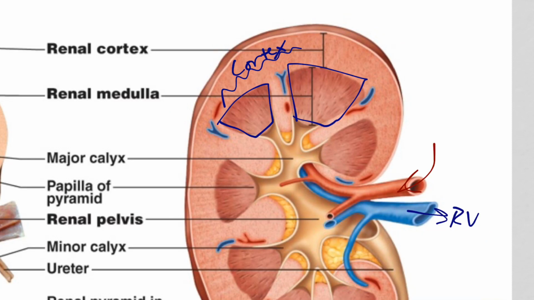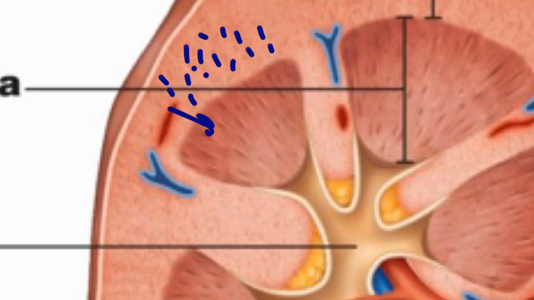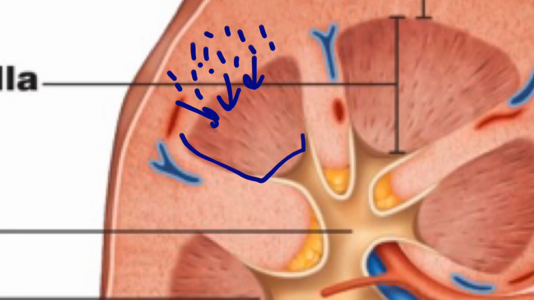Think of those pyramids as being kind of like filters in a way. The filtering really mostly happens in the cortex, but it's almost like you are filtering fluid. These are water droplets out in the cortex, and those water droplets are all being poured into that renal pyramid. Kind of looks like the shape of a coffee filter.